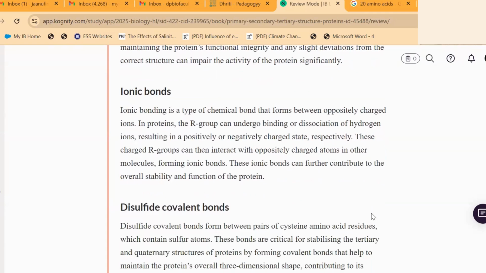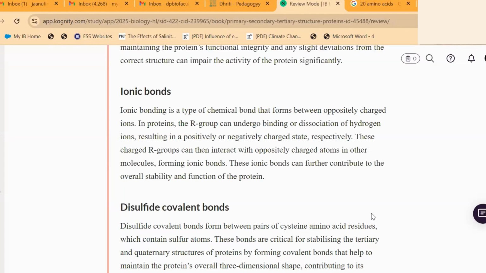Ionic bonds are usually formed between oppositely charged ions, and here also it is the same with charged R groups. A positive R group forms an ionic bond with a negative R group. This also helps in maintaining the integrity of the protein molecule.